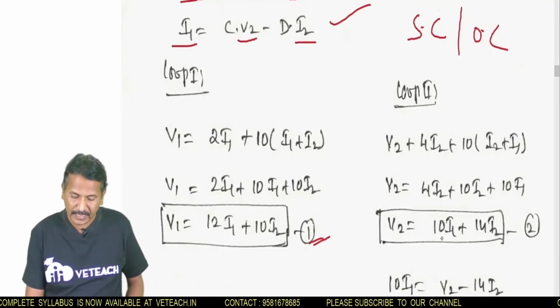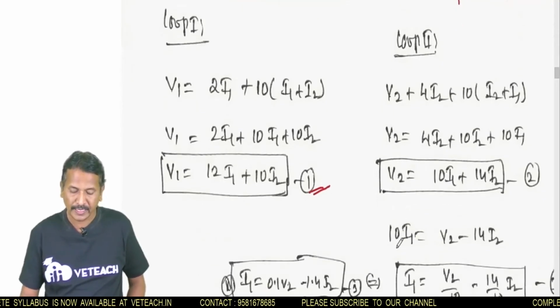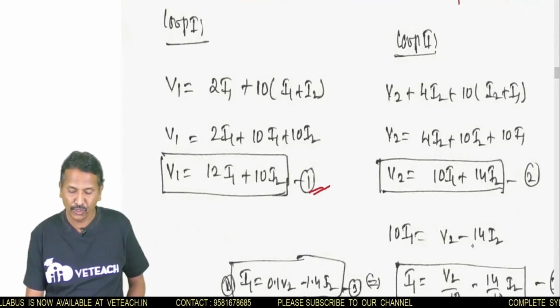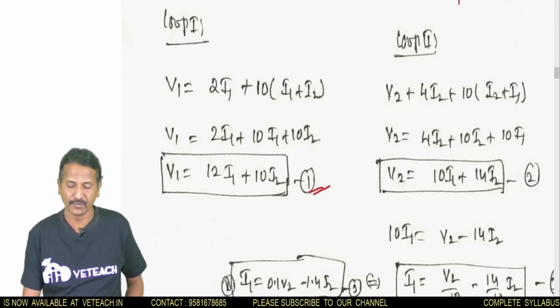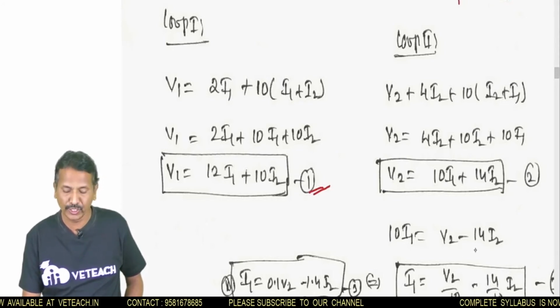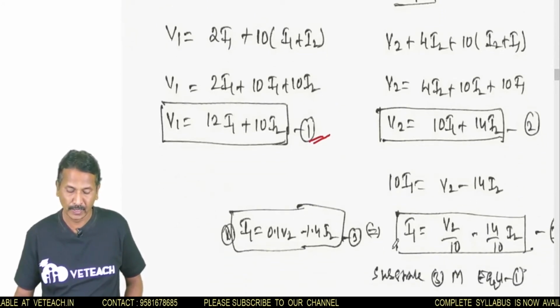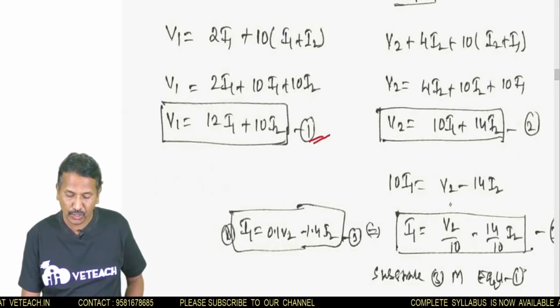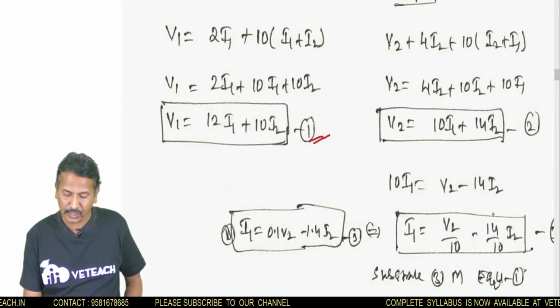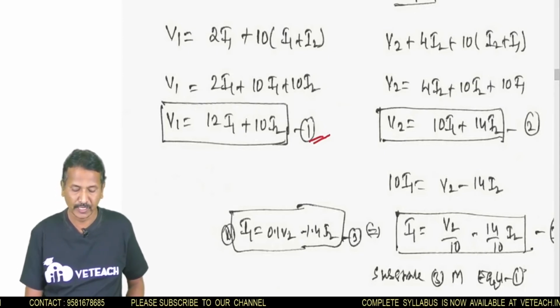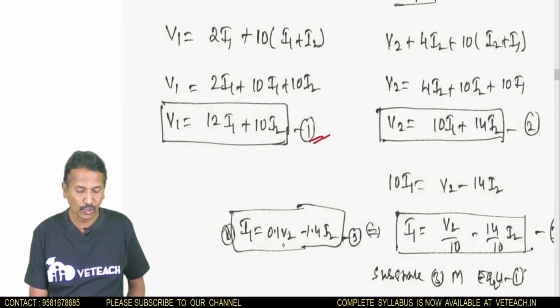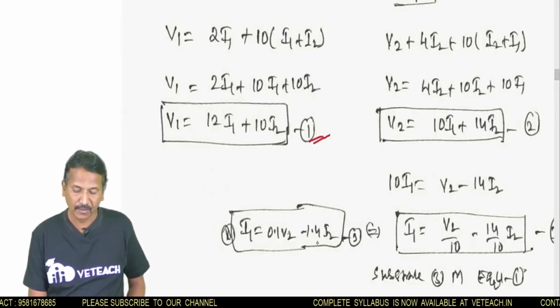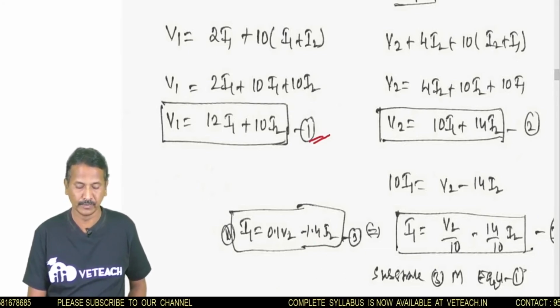Now from equation number 2, 10 I1 is equal to V2 minus 14 I2. Now I1 is equal to V2 by 10 minus 14 by 10 into I2. If you simplify, I1 is equal to 0.1 V2 minus 1.4 I2.